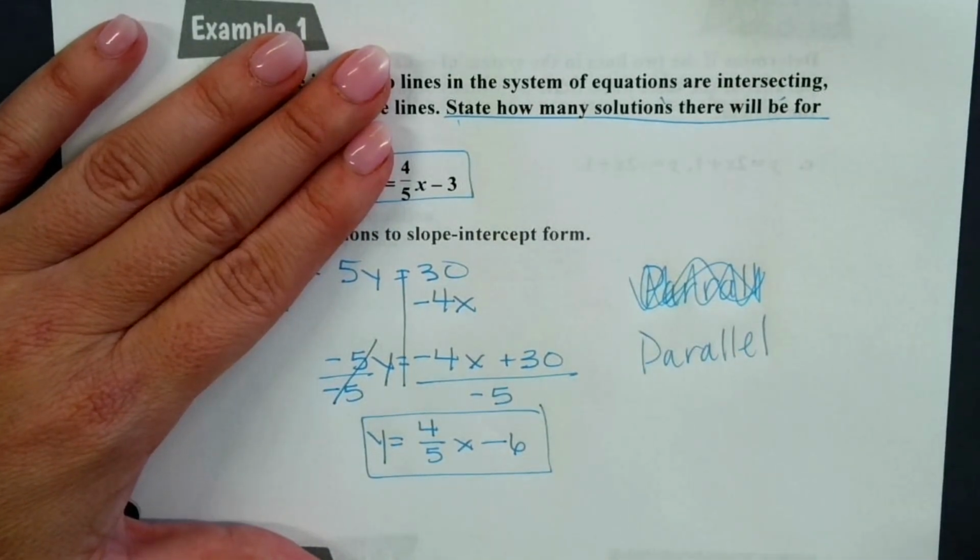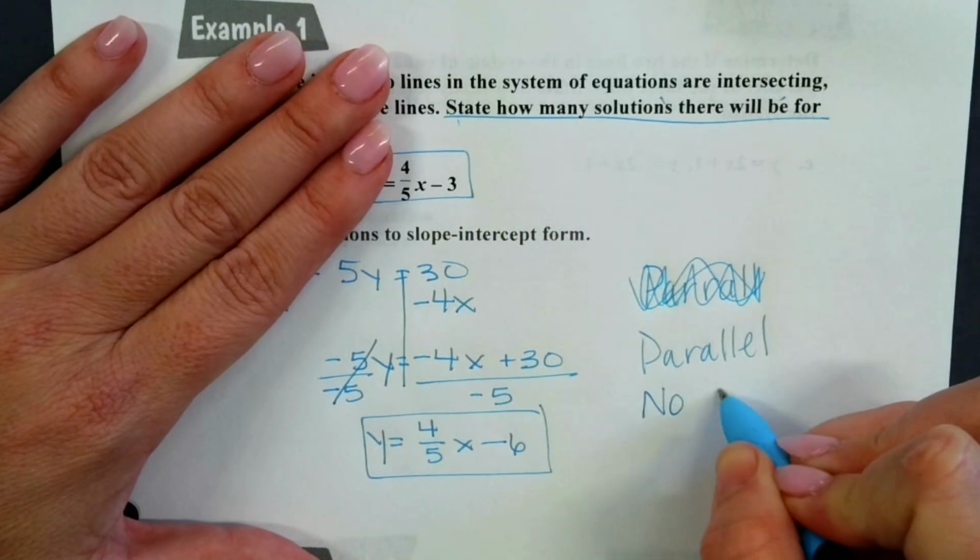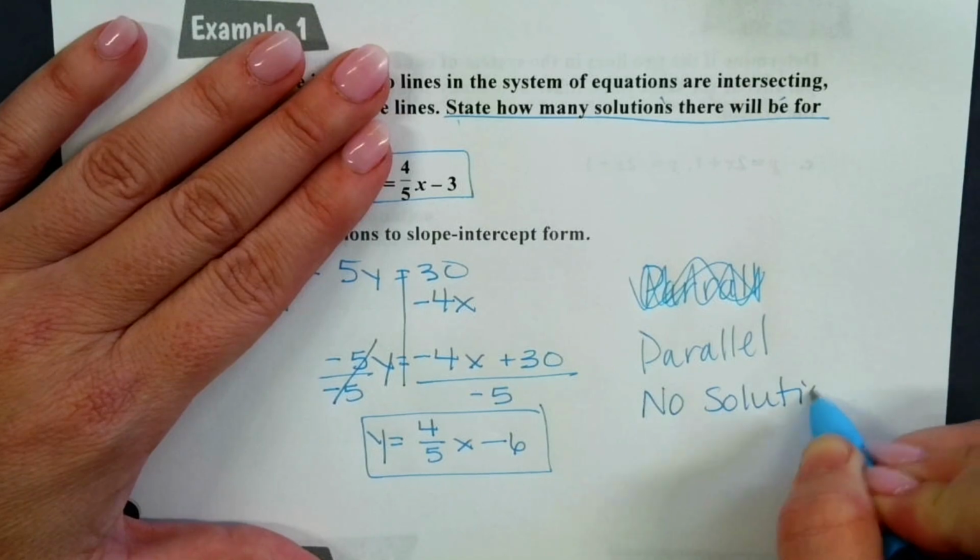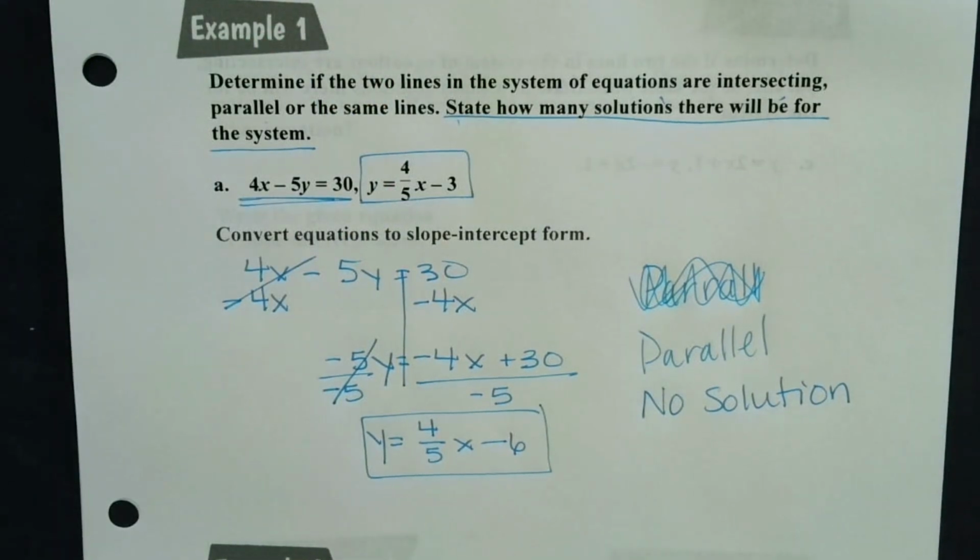Parallel. Now how many solutions does it have then? No solution. And why does that make sense? They're never going to touch. The solution to a system is when the lines meet. That is the solution. It's the XY coordinate when the lines meet. If they're parallel lines, are they ever going to meet? Nope.